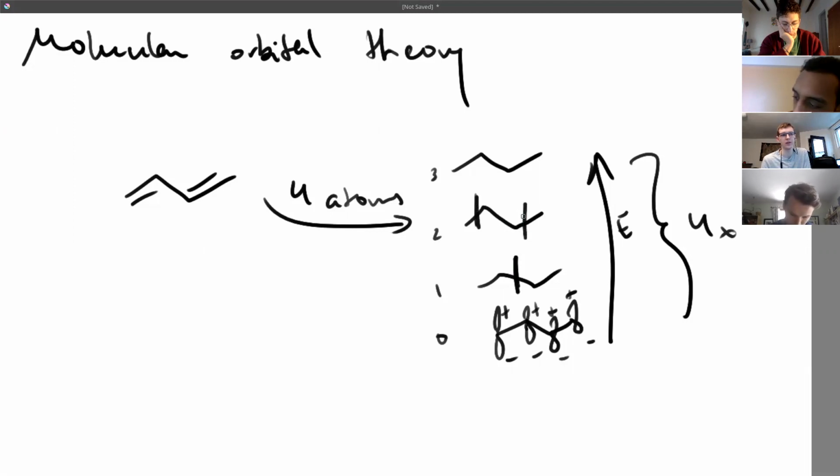And then up here, there's 1 node for each atom. It doesn't matter which side you pick to be plus or minus, as long as you flip every time there's a node. Plus, plus, plus, plus, and so you flip every time.